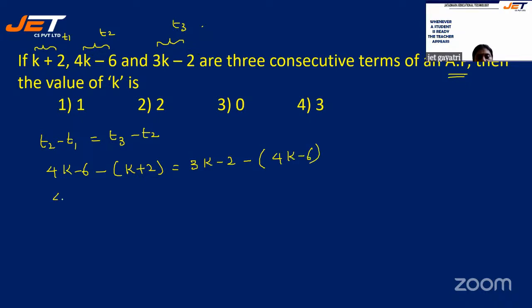Now just expand it. 4k minus 6 minus k minus 2 is equal to 3k minus 2 minus 4k plus 6.